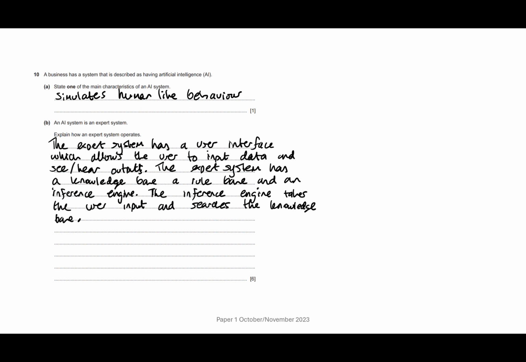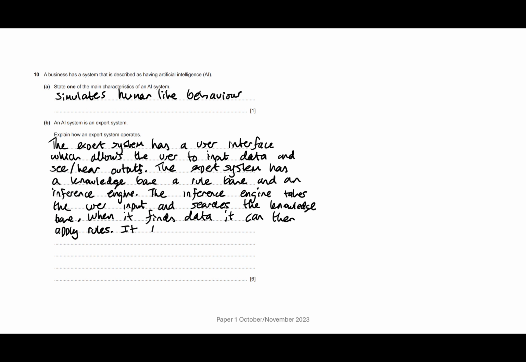Okay, so let's just write that out. So the inference engine takes the user input, searches the knowledge base. When it finds data in the knowledge base, it can then apply rules. So what might it do?